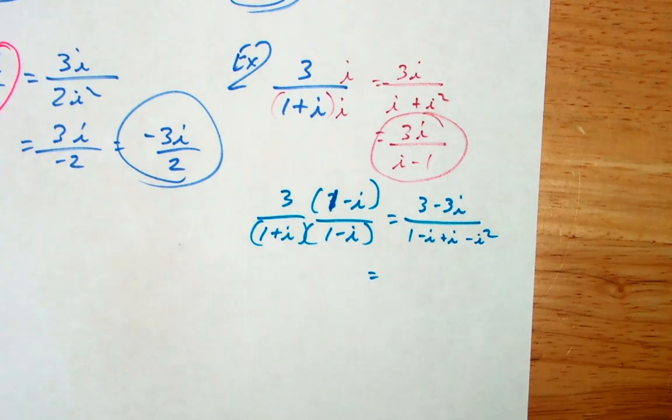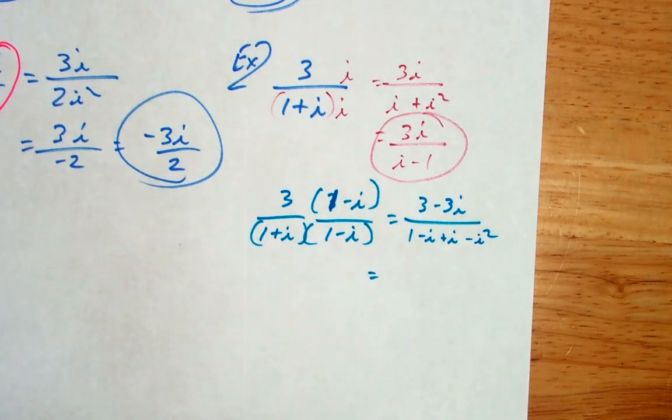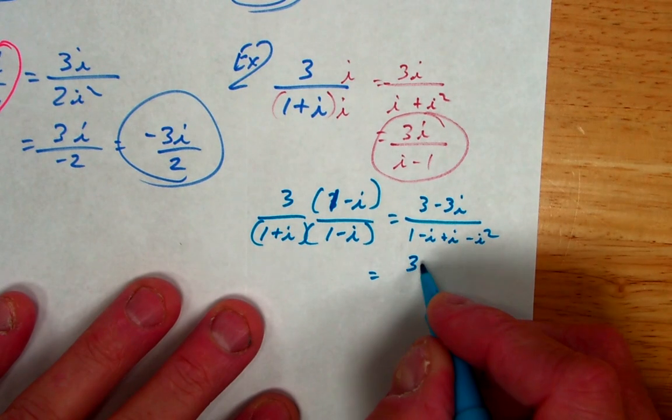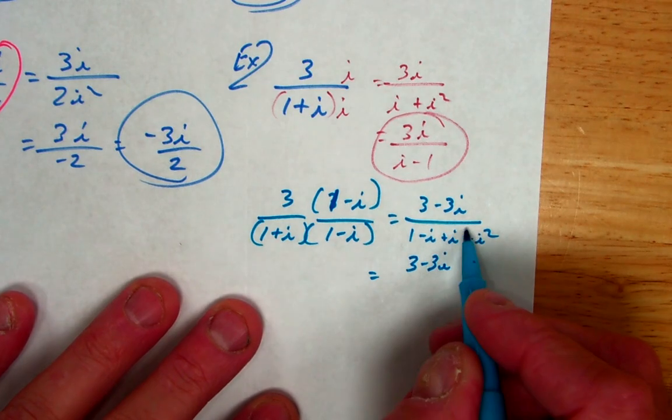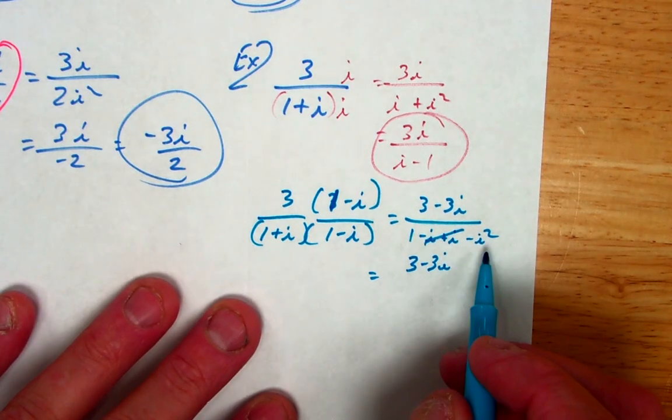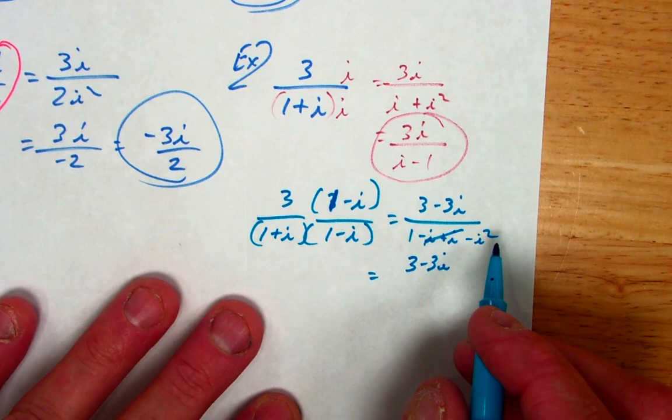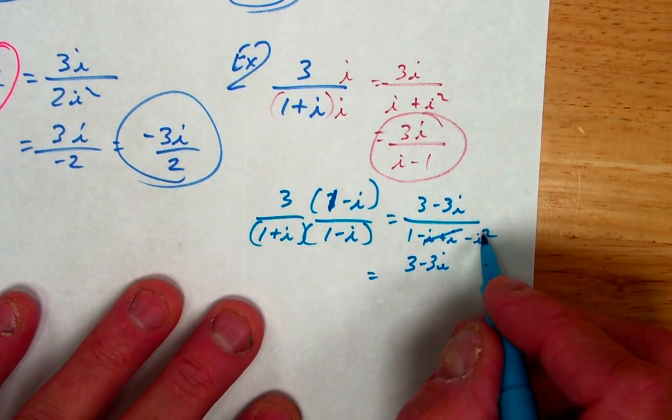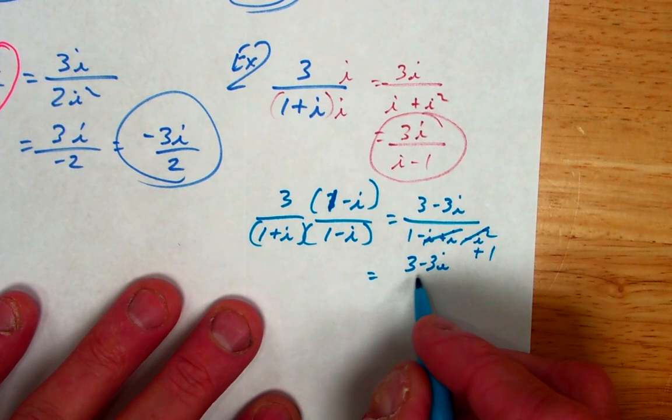Okay, let's simplify the bottom. My i's cancel. The negative i squared turns into what? Negative 1 plus 1. So I get 2 on the bottom.